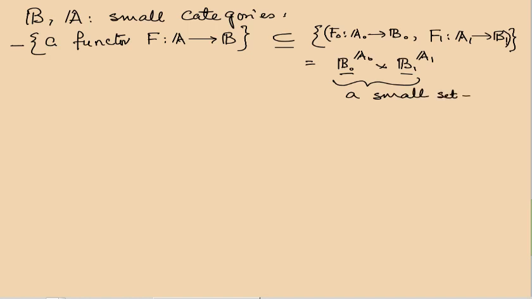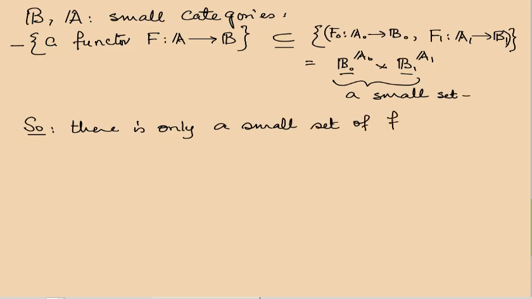So there is only a small set of functors from A to B when A and B are small categories.